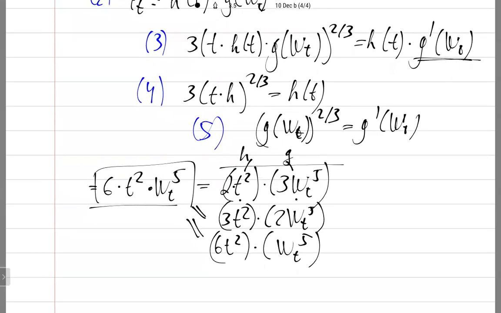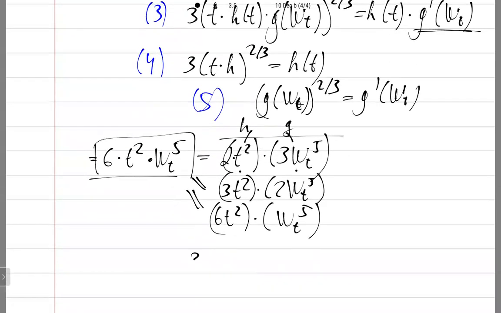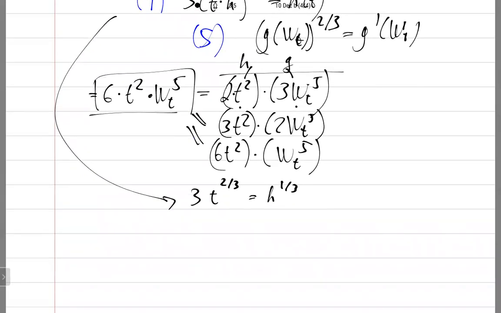Okay. So I have 3t to the power 2 over 3 equals h to the power 1 over 3 from 4. And basically, h is 27 times t squared. Okay.